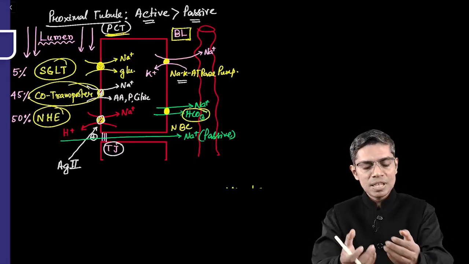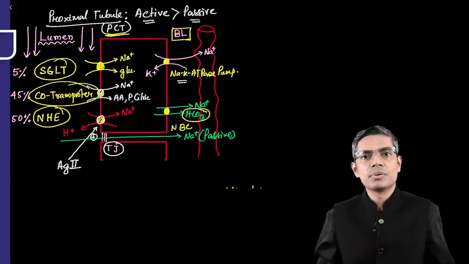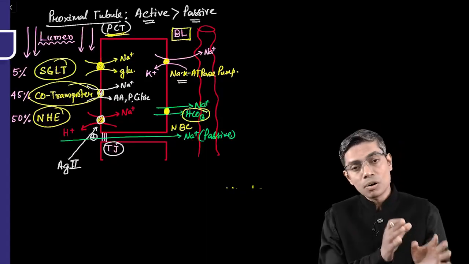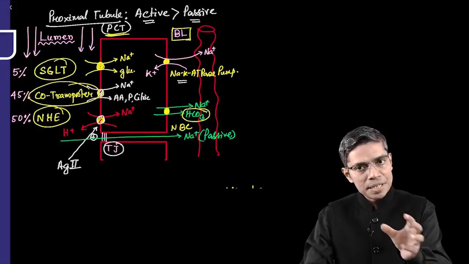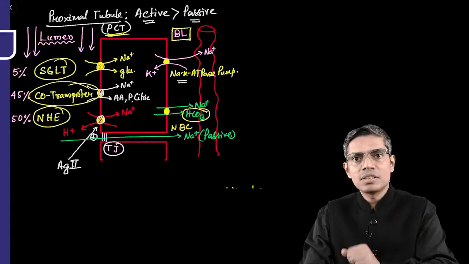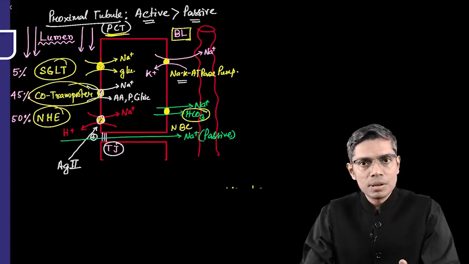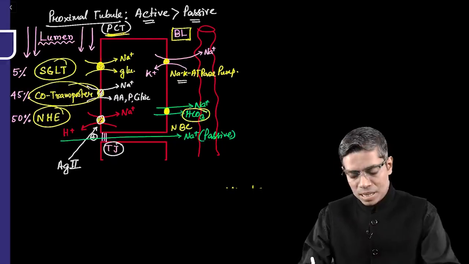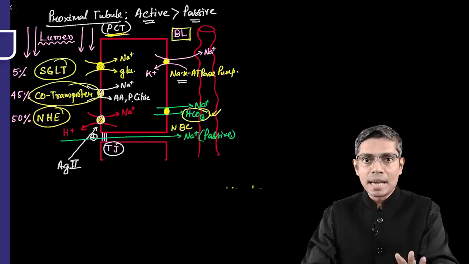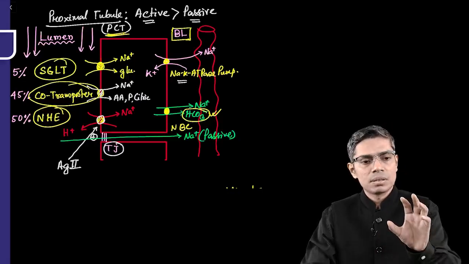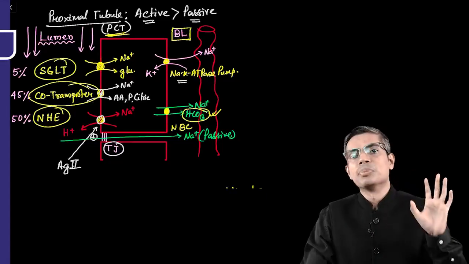So generally sodium reabsorption occurs along with chloride, we know that, but in the proximal convoluted tubule per se, sodium is specially reabsorbed with other substances like glucose, and sodium is also reabsorbed along with bicarbonate, leaving chloride in the proximal convoluted tubular lumen.